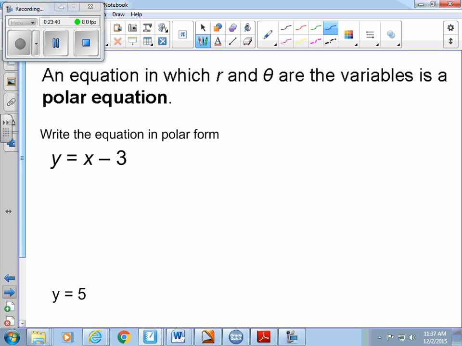What do I know x equals? r cosine theta. And what do I know y equals? r sine theta. So would you agree this is r sine of theta equals r cosine theta minus 3? Any questions about that?